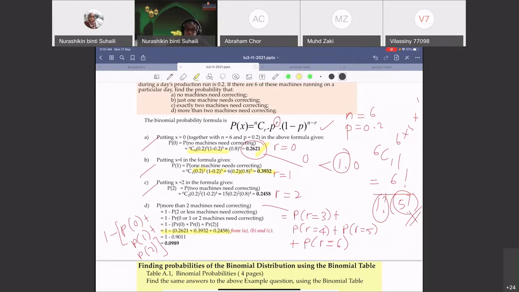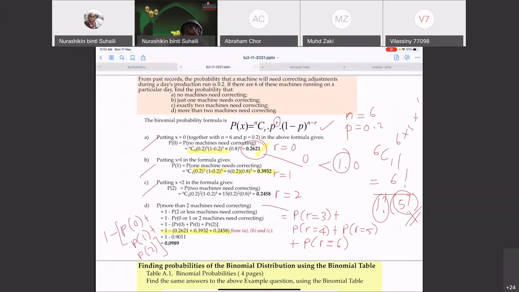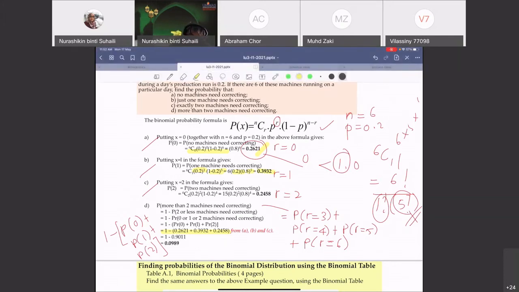Because we know that it's 3, 4, 5, and 6 out of 6, of course it will be 1 minus the part that is not included, which is 0, 1, and 2. So that's how you got 0.0989. Any questions so far? Clear? The key thing is that you have to use this formula.